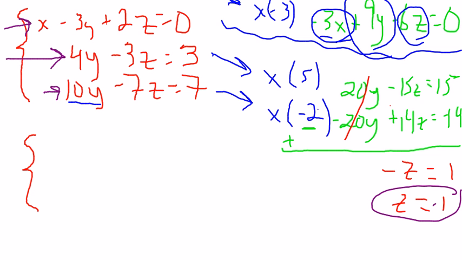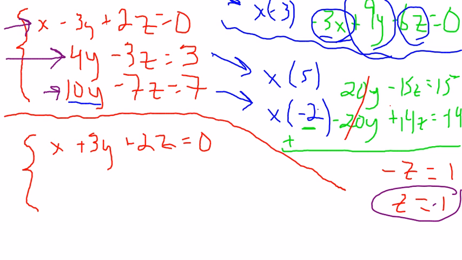I get x plus 3y plus 2z equals 0. Let's separate a little bit here. I get x plus 3y plus 2z equals 0. Next, I write line 2, so I get 4y minus 3z equals 3. Last one, z equals negative 1.